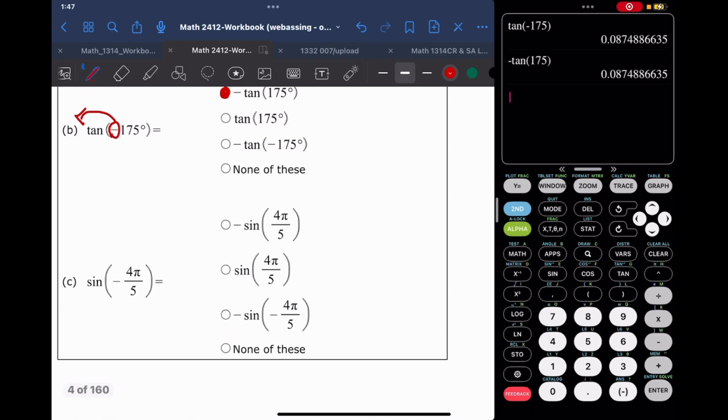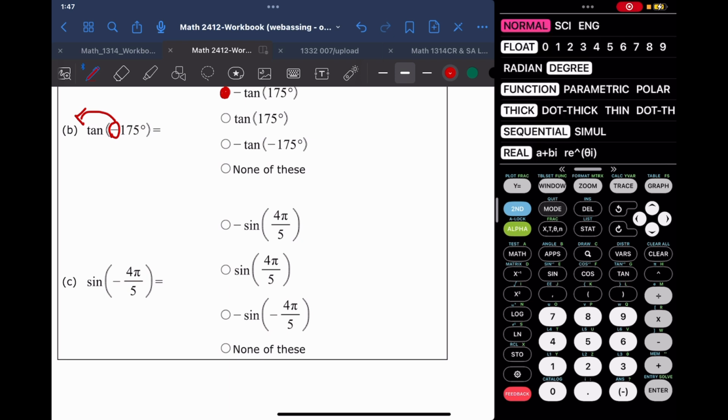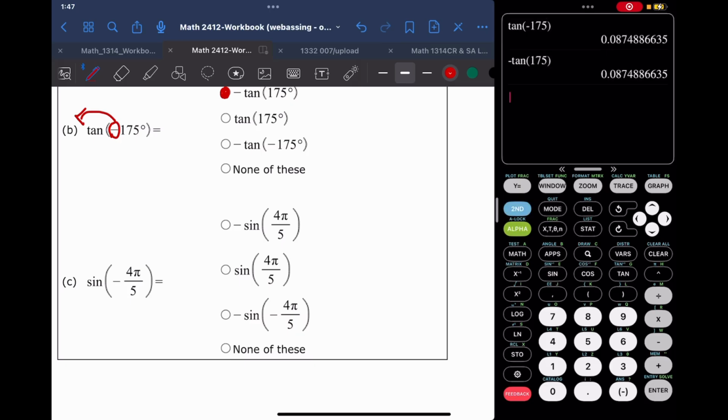Now for sine, this is in radians. We're going to change the mode back to radian. And it should be the same thing where you just take it out. This should be the solution. So to test this, it's sine of negative 4 pi over 5.